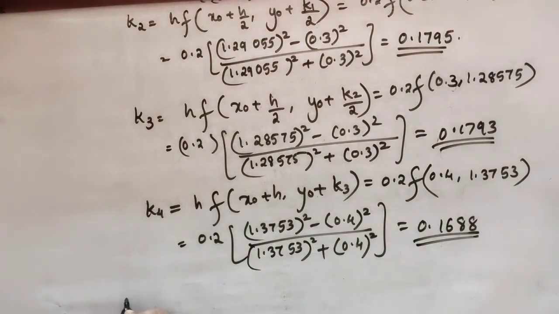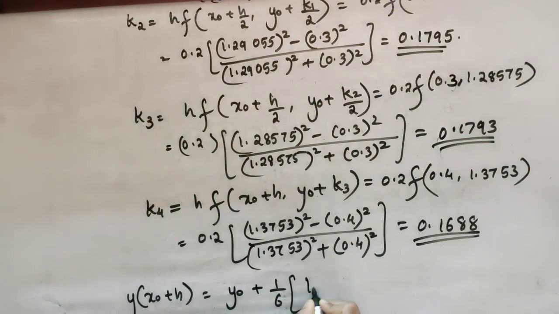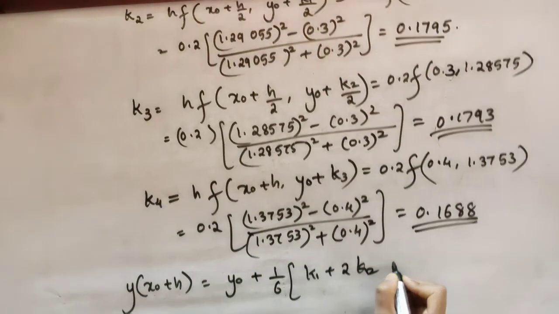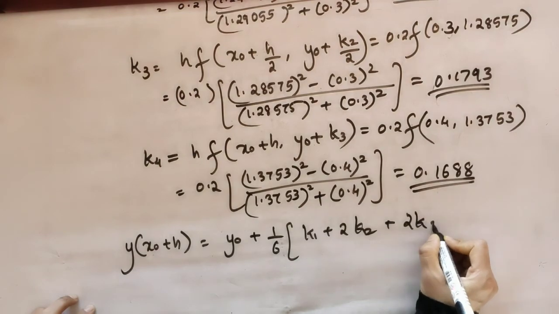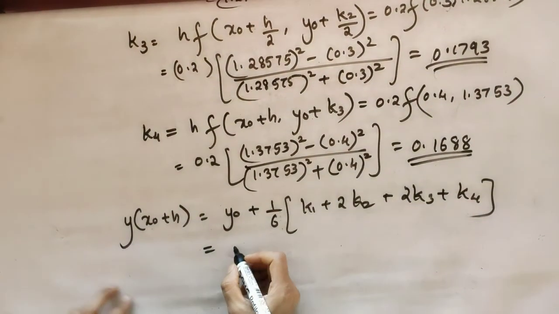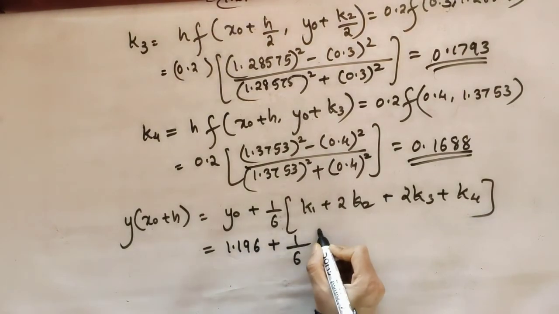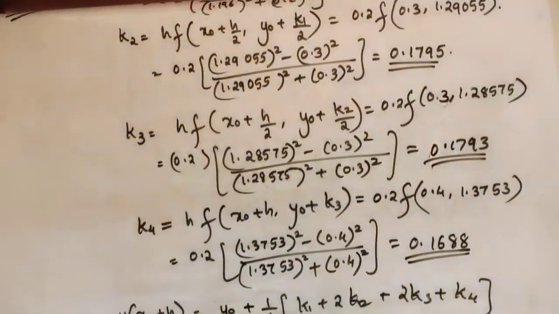And finally, the value at x naught plus h should be y naught plus 1 by 6 times k1 plus 2 times k2 plus 2 times k3 plus k4. So y naught is 1.196 plus h by 6. K1 is, what is K1?